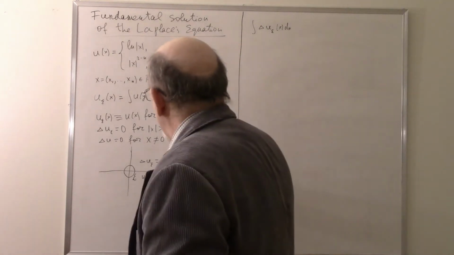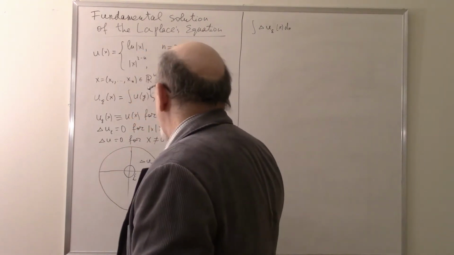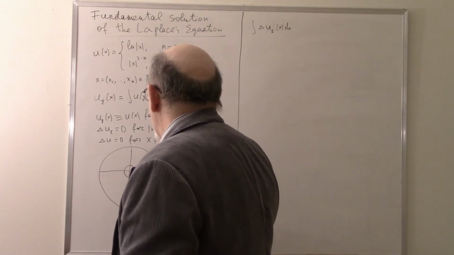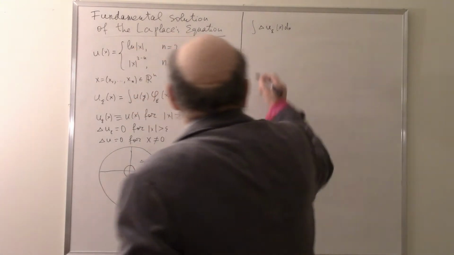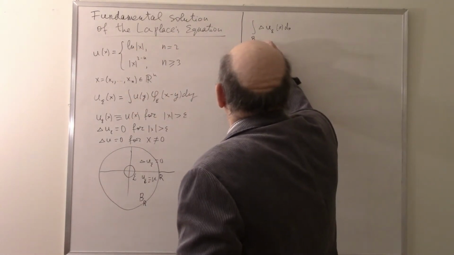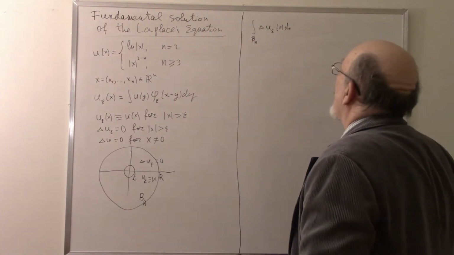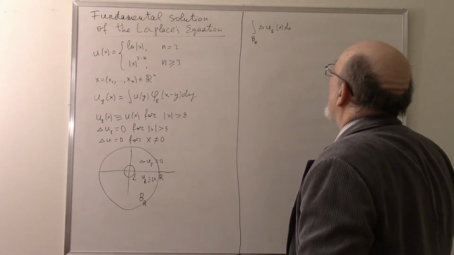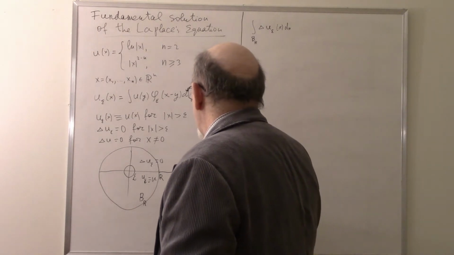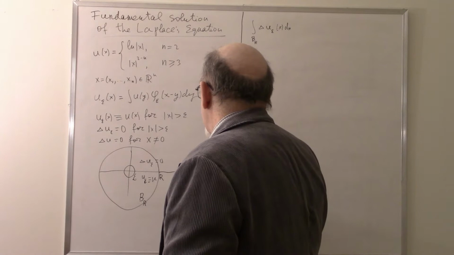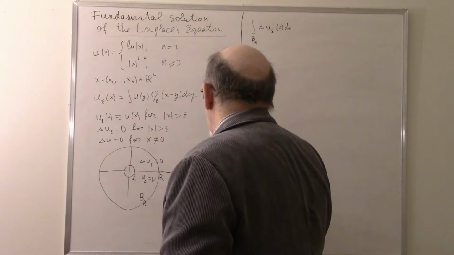No, it is better to take it inside the ball of radius r. So the integral over the ball of radius r of Laplacian u epsilon of x dx, where B_r is the set of x such that modulus x is less or equal than r.